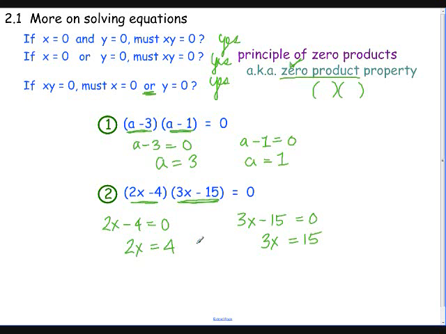On both of these now I'm going to use the multiplication property of equality. If I multiply this by its reciprocal, 1/2, as long as I do it to both sides, and do the same thing here, except, oops, not 1/2, this time 1/3, or you may think of it as divide both sides by 3.